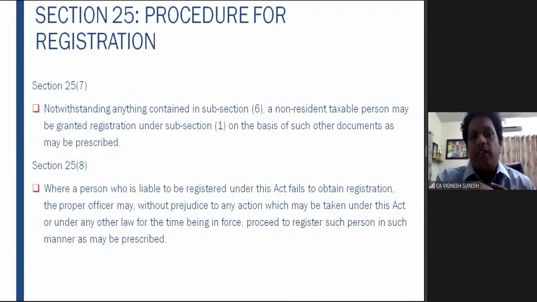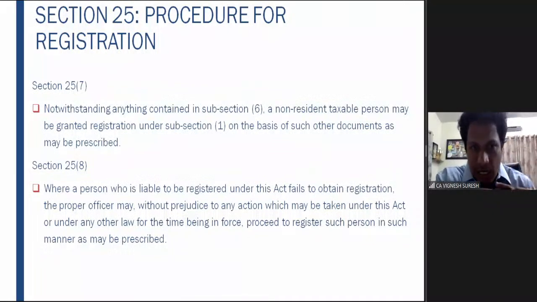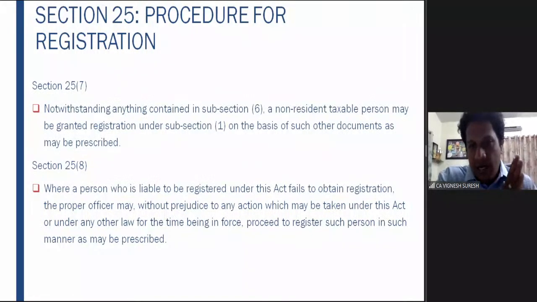Then 25 subsection 8 speaks about the event when a person fails to obtain registration. He does not obtain registration, what is to be done? Where a person who is liable to be registered under the Act does not get himself registered, the proper officer may, without prejudice to any other action that may be taken, proceed to register such person in the manner as may be prescribed.